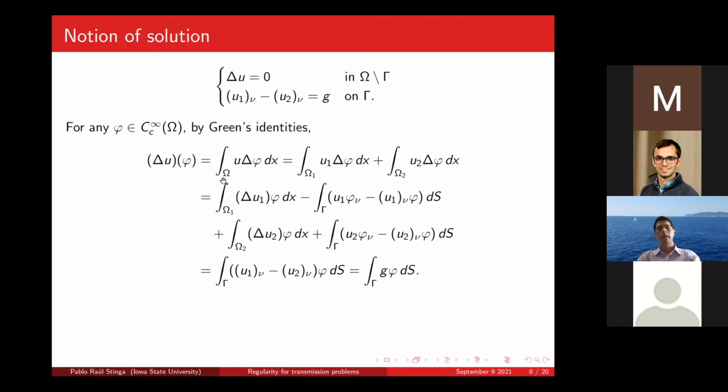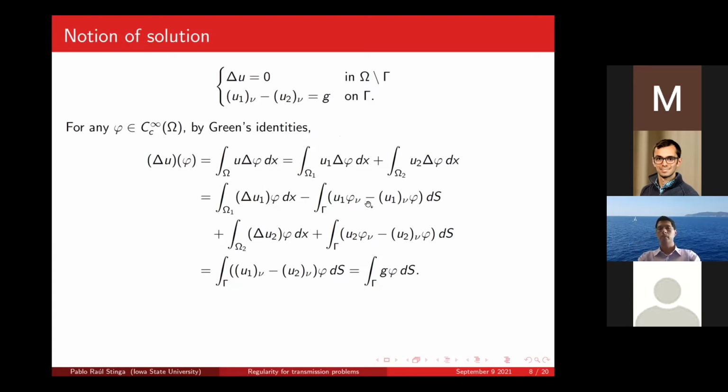But then omega is split into two domains, omega 1 and omega 2, and on omega 1, U is U1, and on omega 2, U is U2. Now, assuming that U1 and U2 are smooth, we pass the Laplacian of phi to U1. By Green's identity, you get on the boundary U1 phi_nu minus U1_nu phi, with a minus sign because on the boundary of omega 1, nu is the interior normal.